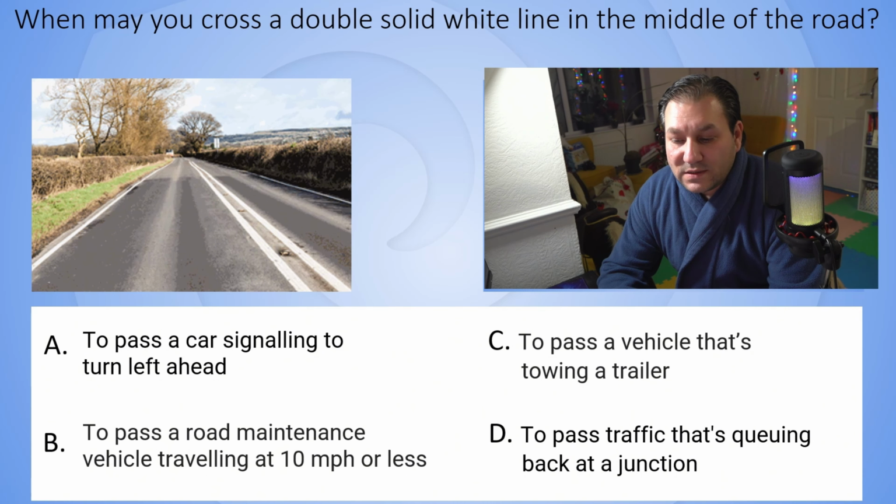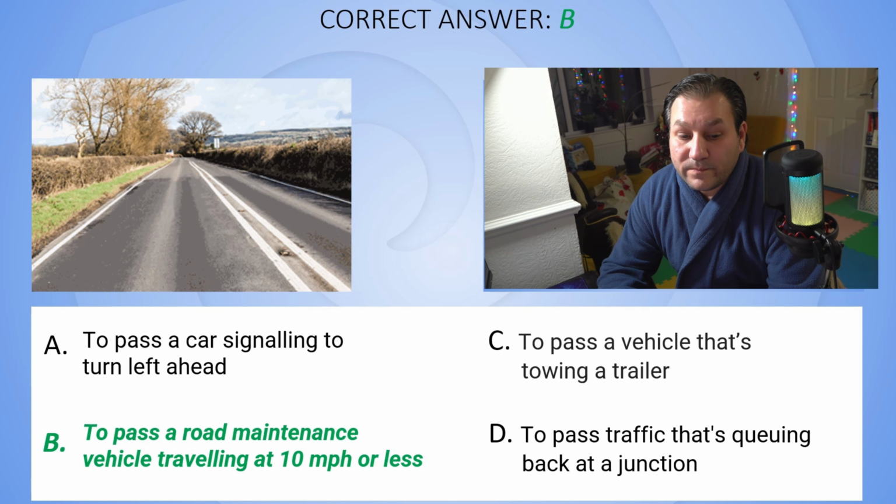C, to pass a vehicle that's towing a trailer. Or D, to pass traffic that's queuing back at a junction. The correct answer is B, to pass a road maintenance vehicle traveling at 10 miles per hour or less.